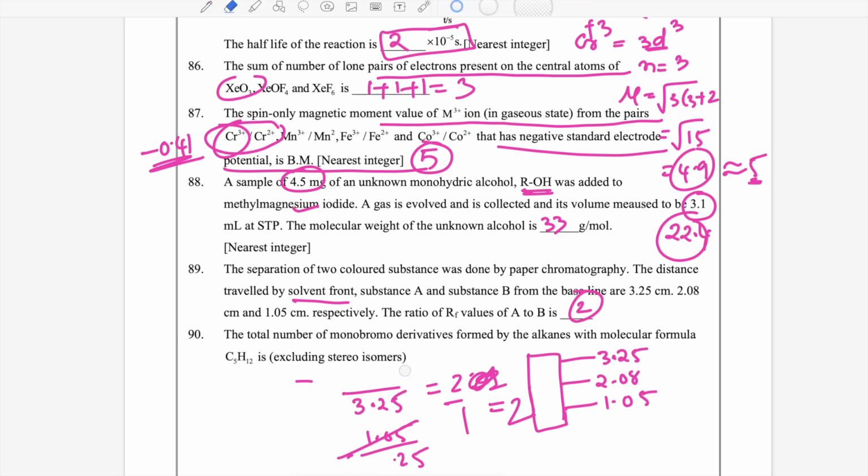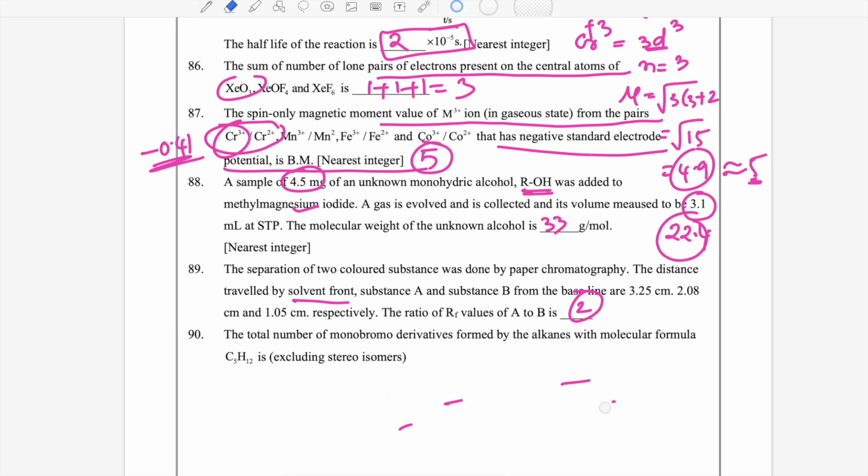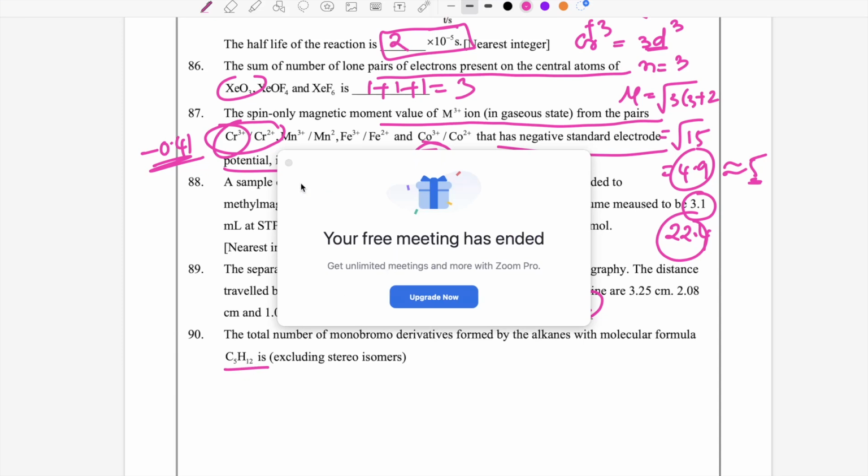Right. So we'll see the 90th question. How many monochloro derivatives are formed with this compound, excluding stereoisomers? C5H12 is the compound given to us.